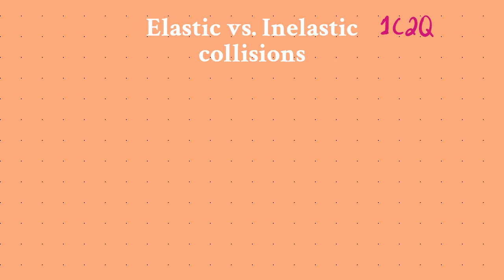So first off, collisions are basically when two moving objects collide, and these can be categorized into elastic versus inelastic collisions. Now, what is the difference between elastic and inelastic collisions? In elastic collisions, we say that the kinetic energy is conserved. So for elastic collisions, KE is conserved.